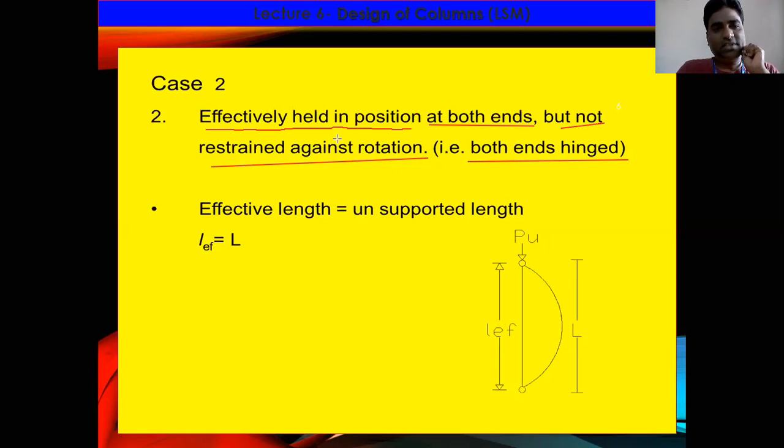Here rotation is allowed, but the position of the support is not changed. In this case, the buckling shape is like this, end to end. Therefore, if you observe, the effective length is equal to the unsupported length, that is, L effective is equal to L in case 2. That means both ends are hinged.